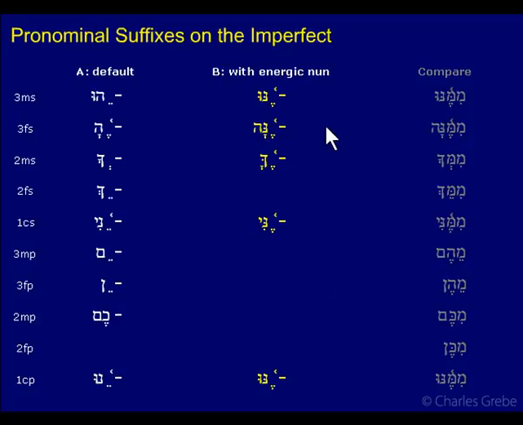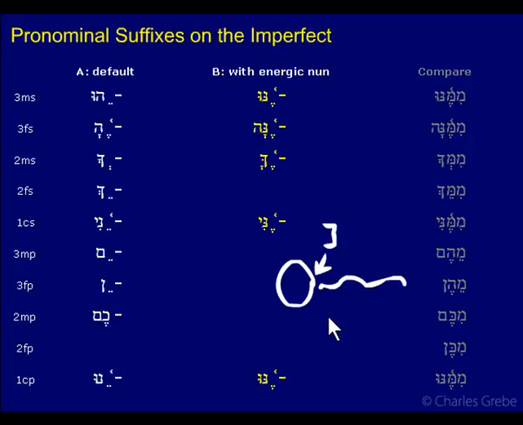Now here, what is this? These are the endings with what is called the energic nun. Now what happens is this. If you have an imperfect and you have a pronominal suffix, you can sometimes get a nun that inserts itself in between these two. And it then assimilates to the next consonant, which means that it becomes like the next consonant.